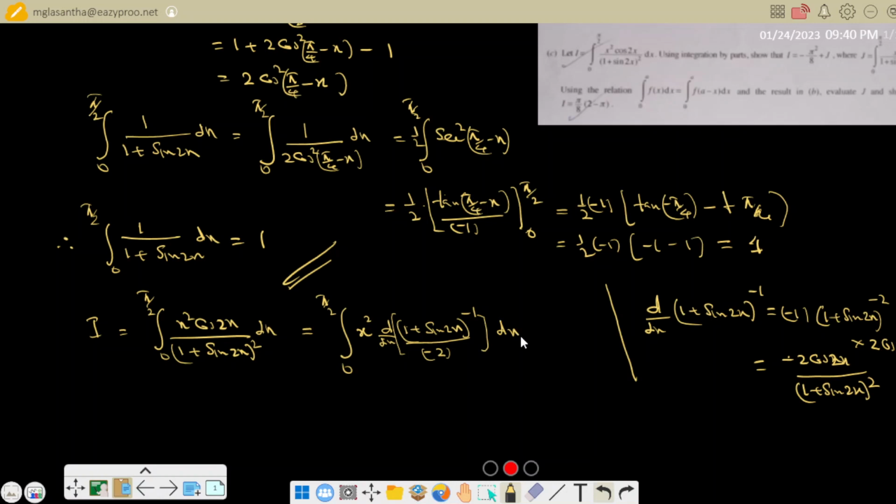So you can prepare this step. So the differentiation of this part is equal to cos 2x over (1 plus sine 2x) squared.